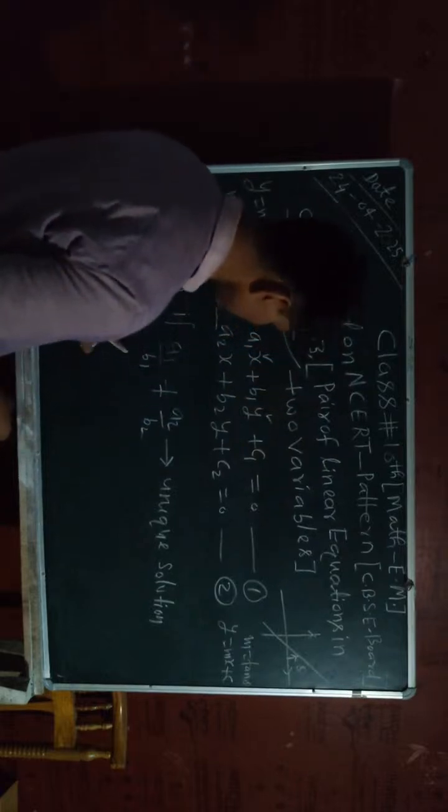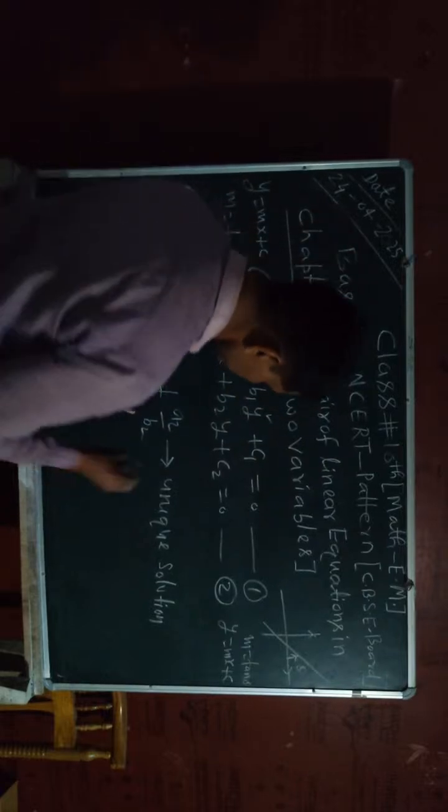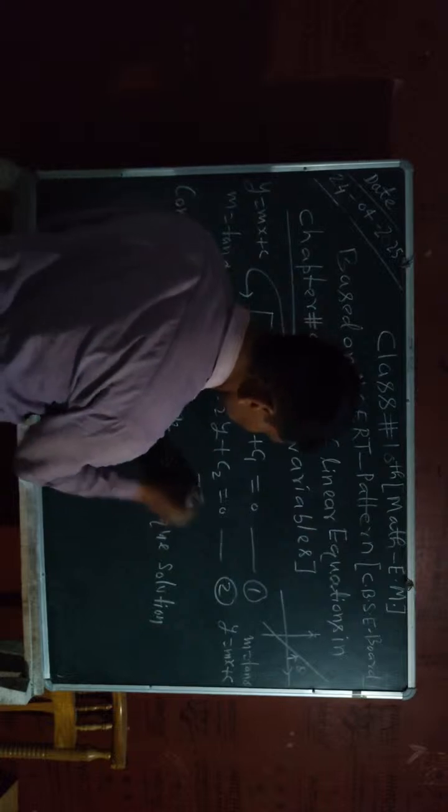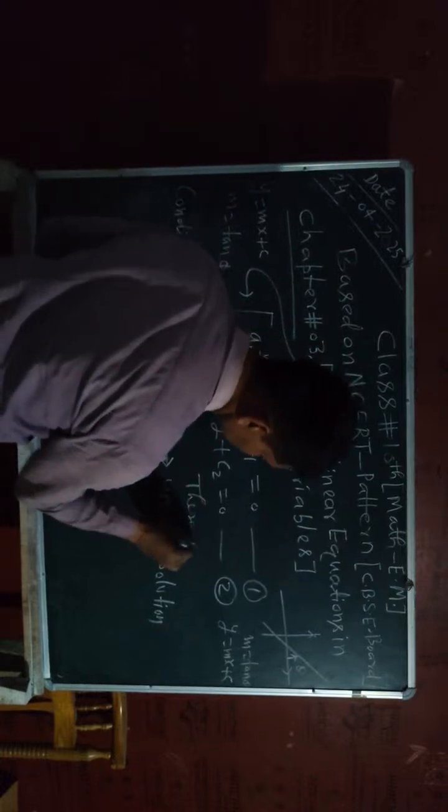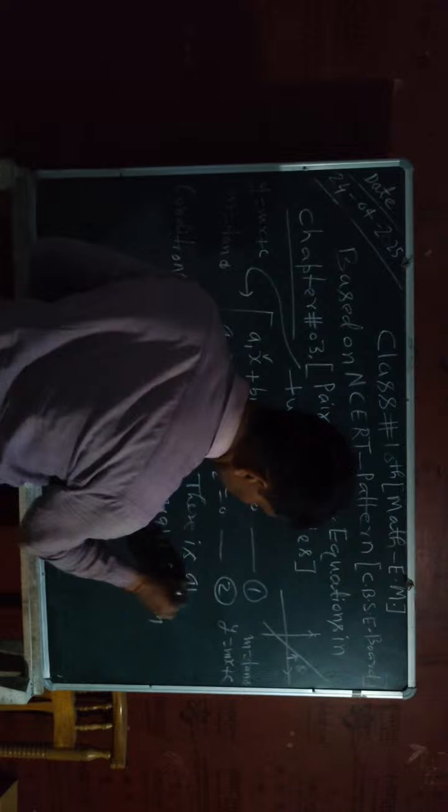In other words, if a1 by b1 is not equal to a2 by b2, there is a unique solution. And I will explain its geometrical meaning like this.